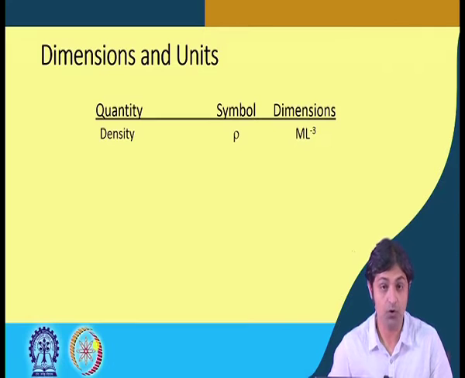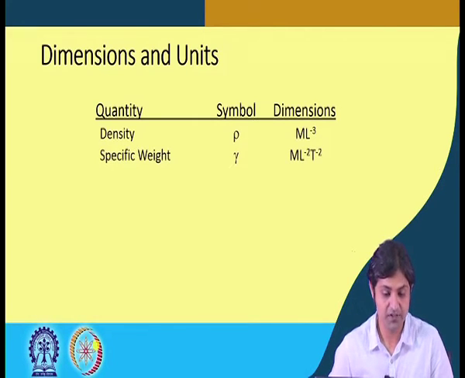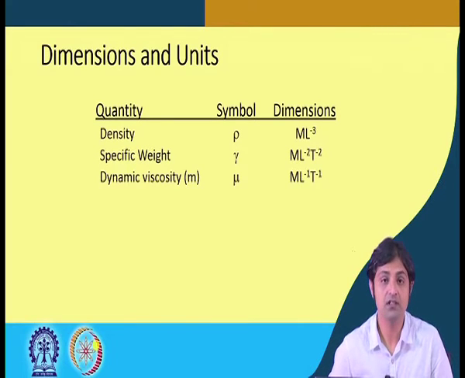Density is given by rho, its dimension is ML minus 3. Specific weight is given as gamma. We will come to that, what specific weight is. Dynamic viscosity is the dimension. These are some of the more complex quantities for which we have simply written down the dimensions, but you can actually derive it.